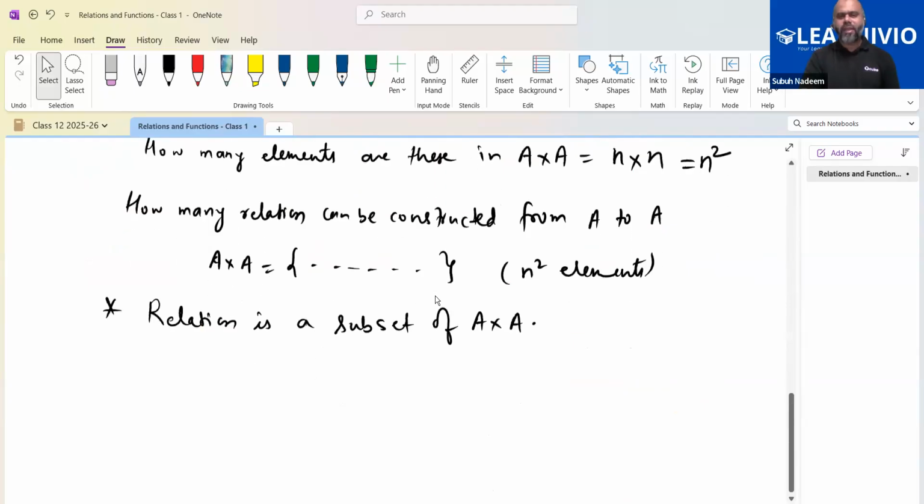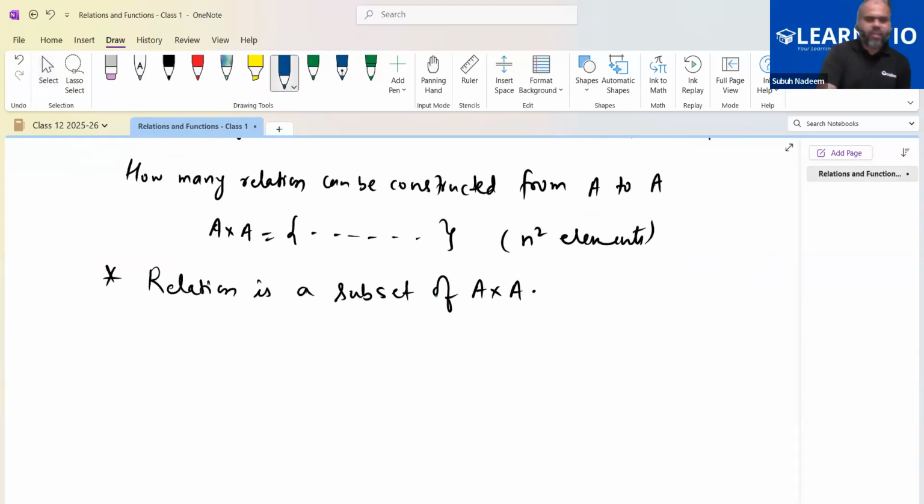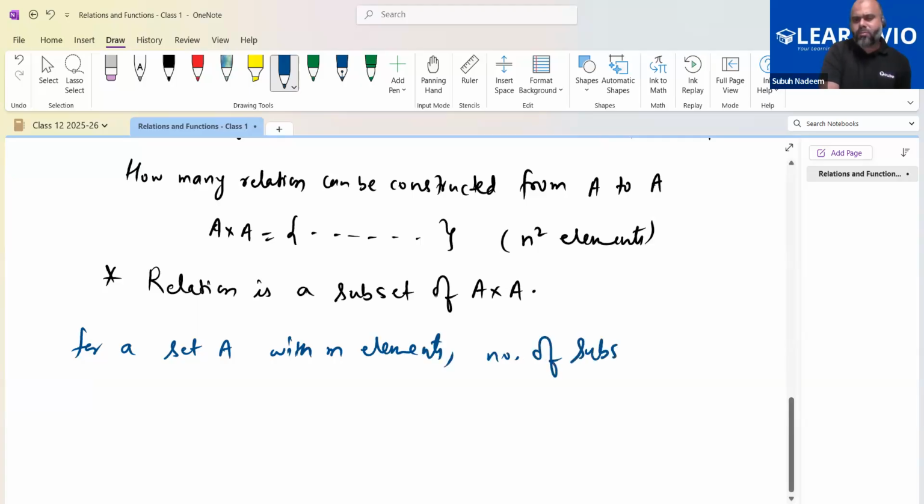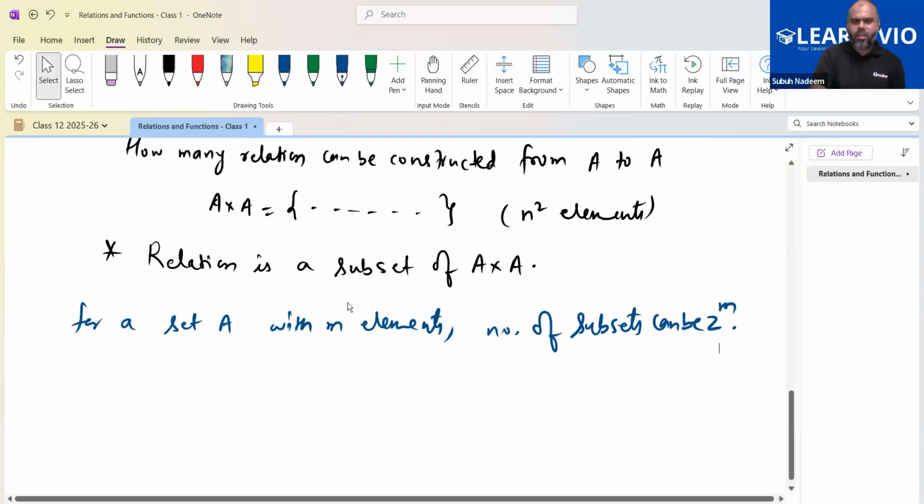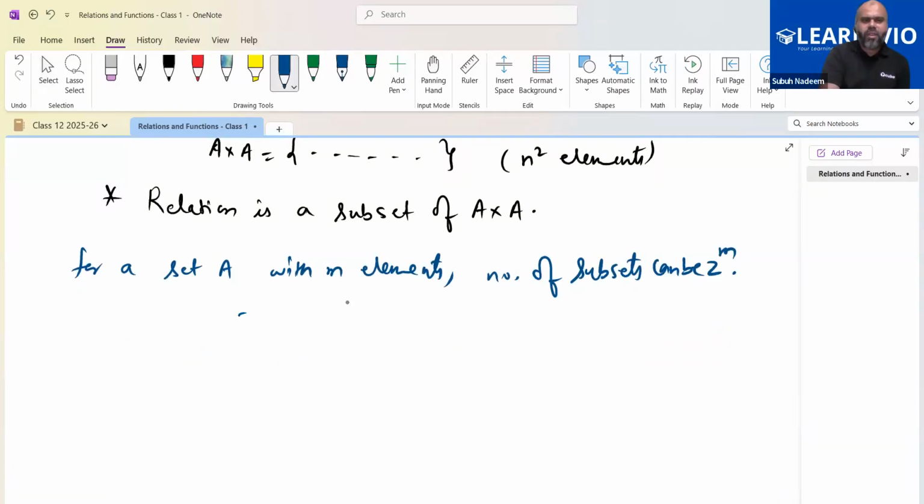Now you have studied, if you remember in class 11th, that for a set with m elements, the number of subsets is 2 to the power m. For example, this is a very famous example. Suppose we have 3 elements and we talk about all the subsets.